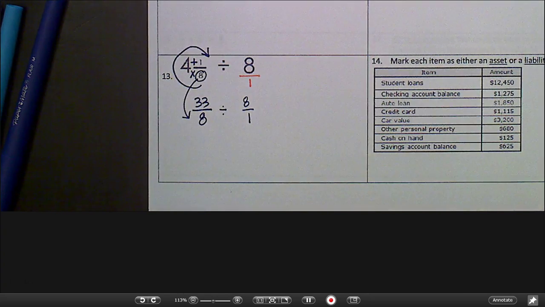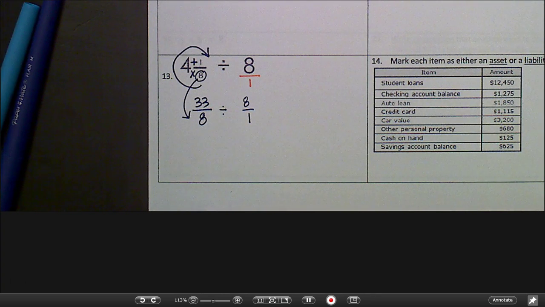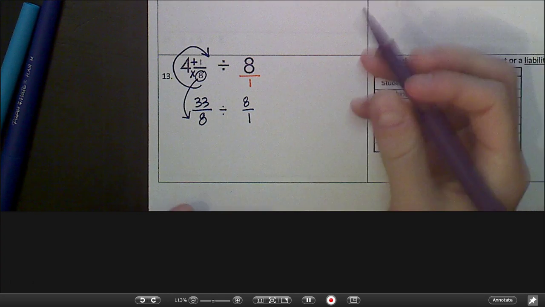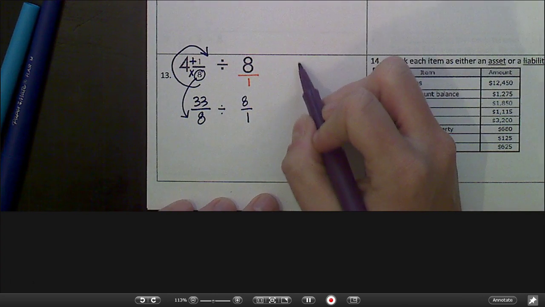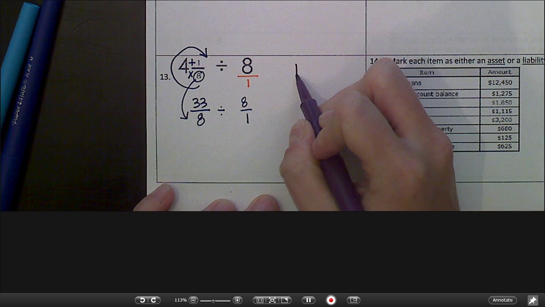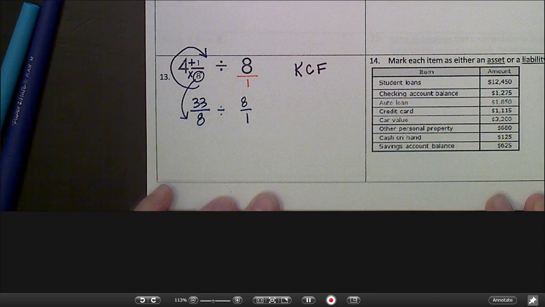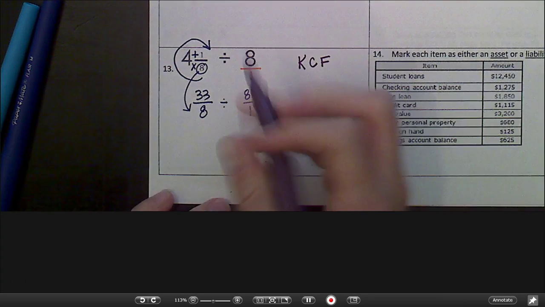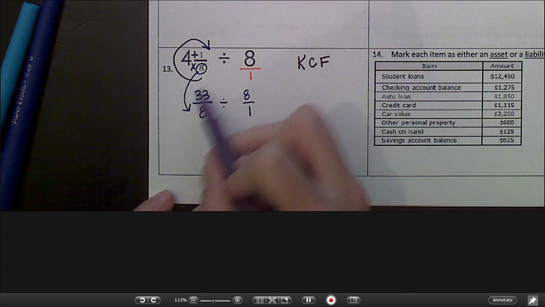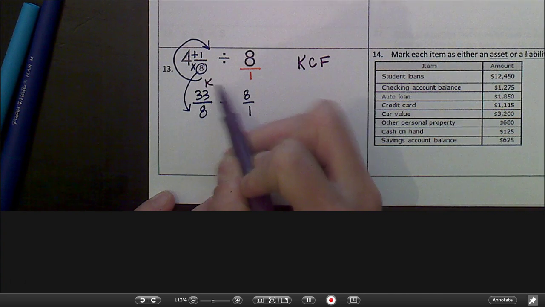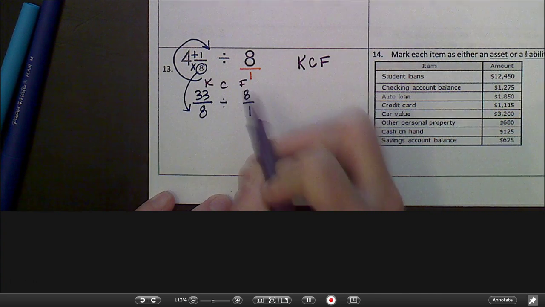Okay, what is the main rule when we're dividing fractions? Oh, I think I heard someone say it. No, I really didn't. But I bet one of you was thinking, keep it, change it, flip it. Alright, now some of you are going, oh yeah, I remember that. Okay, so we're going to do keep it, change it, flip it.